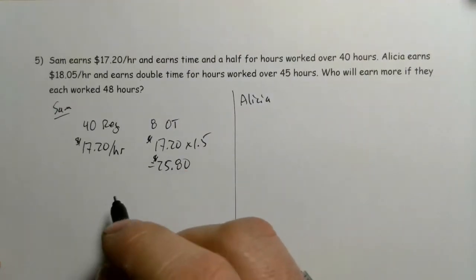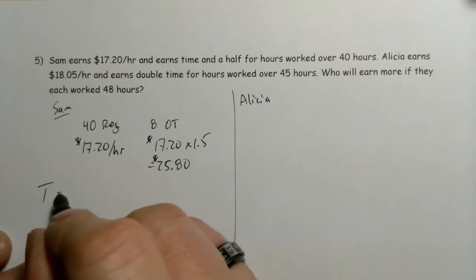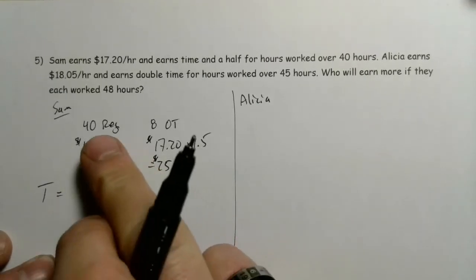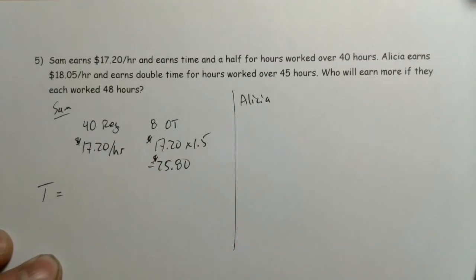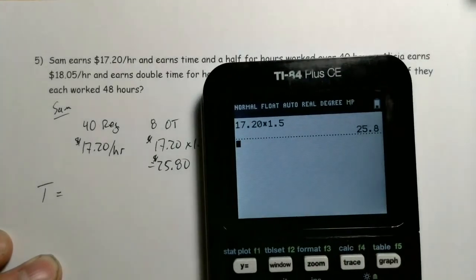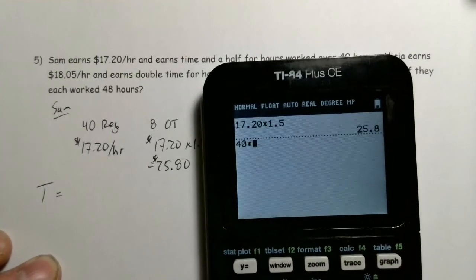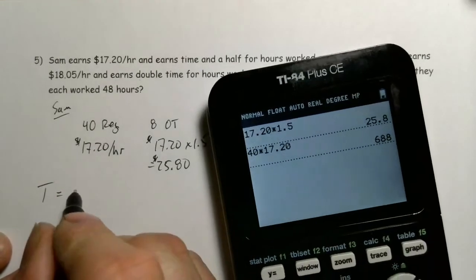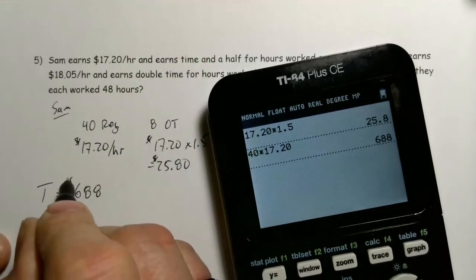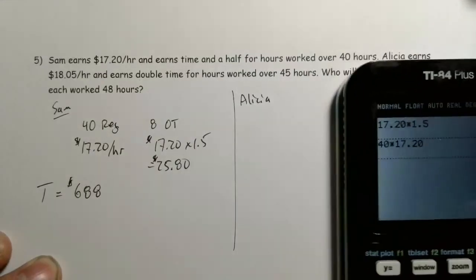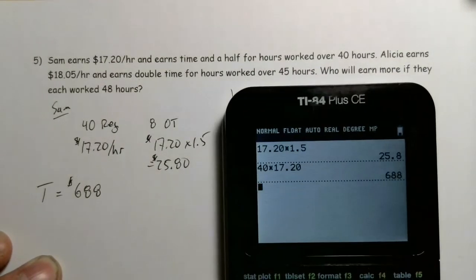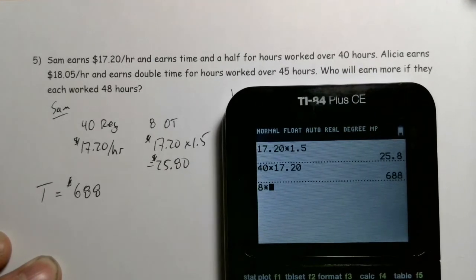So now here we go. The total amount he's going to get paid here is going to be, first of all, 40 times 17.20. So he's going to get paid $688 regular. And then he's going to have 8 hours times 25.8.